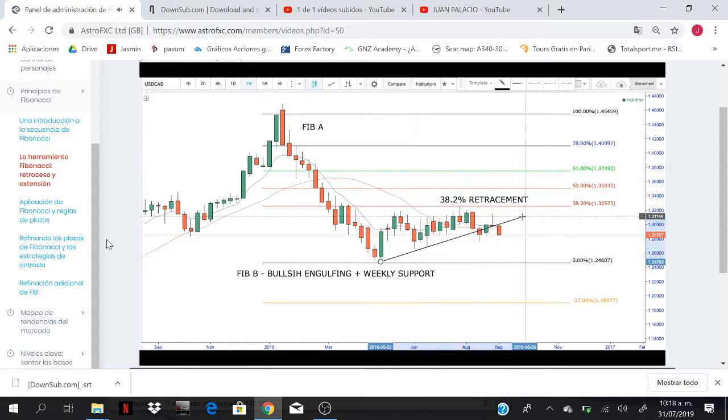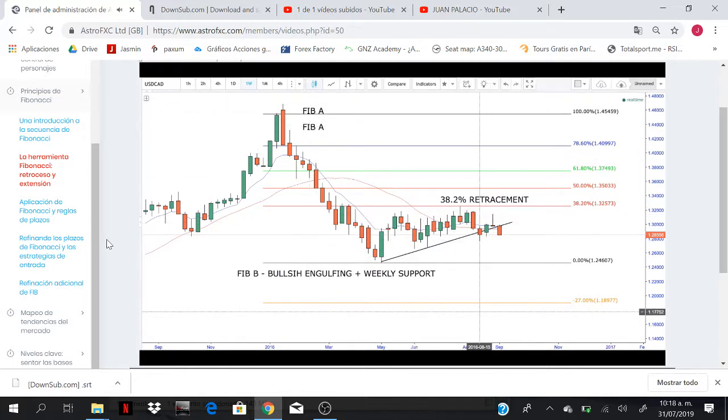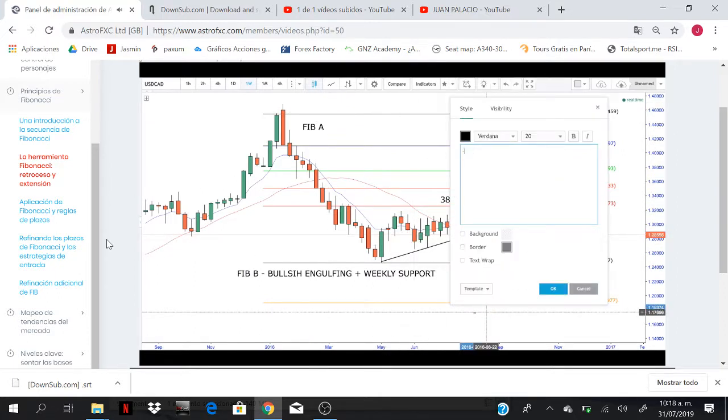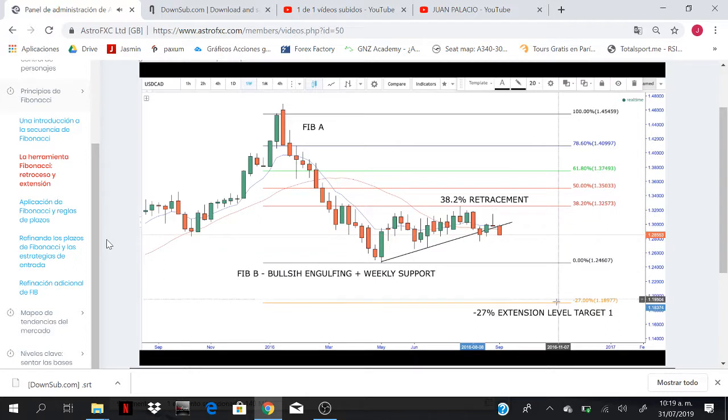Looks as if we can maybe sling a trend line break in there as well. Moving averages are getting ready to cross over on this pair. And then last but not least, we have, that's our target one there.